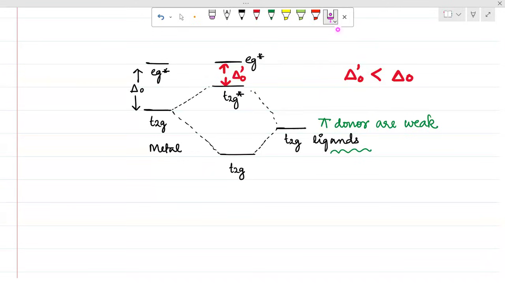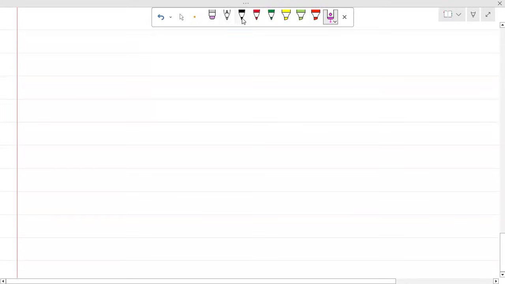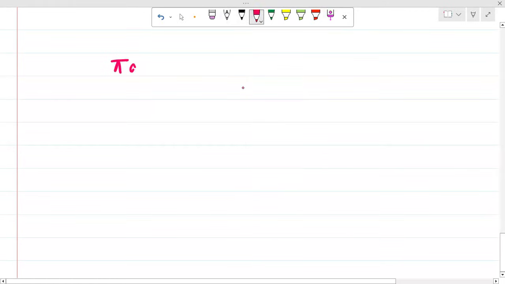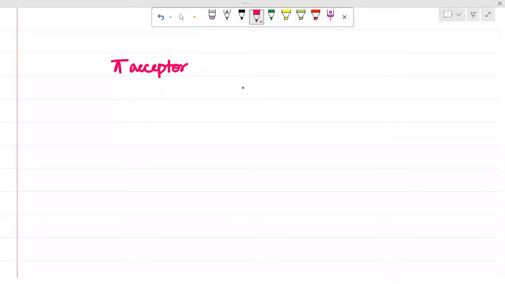Now, we also know that there is another type of ligand which is pi acceptors. What about pi acceptors? We said there are two types. One is pi donors and the other one is pi acceptor ligands. A pi acceptor will have one lone pair, of course, because any ligand will form a sigma bond first.